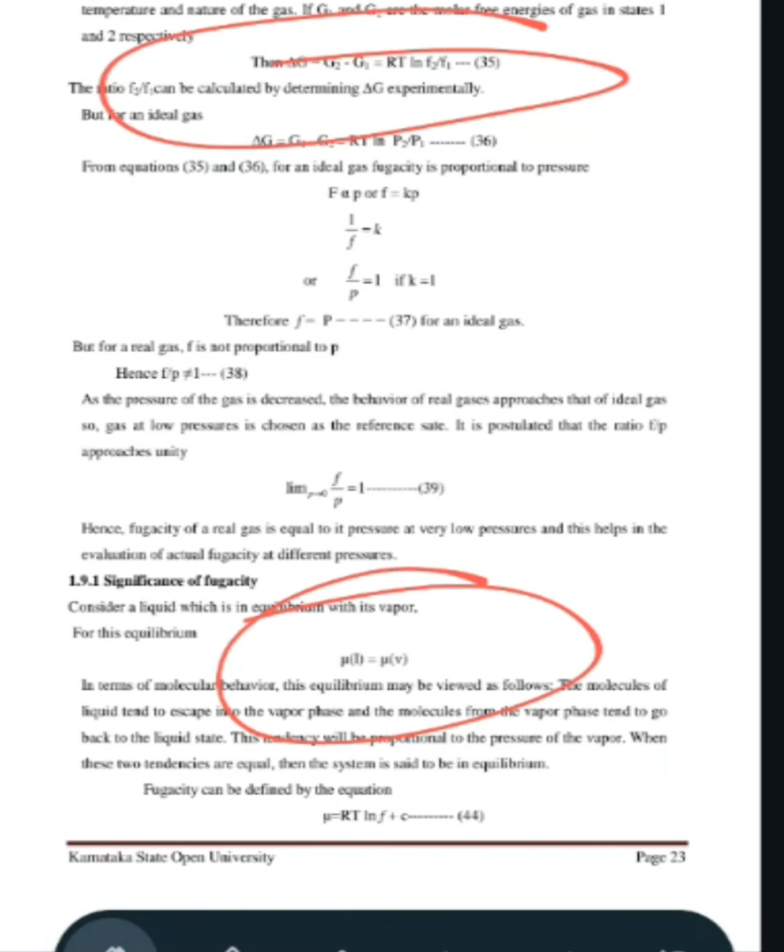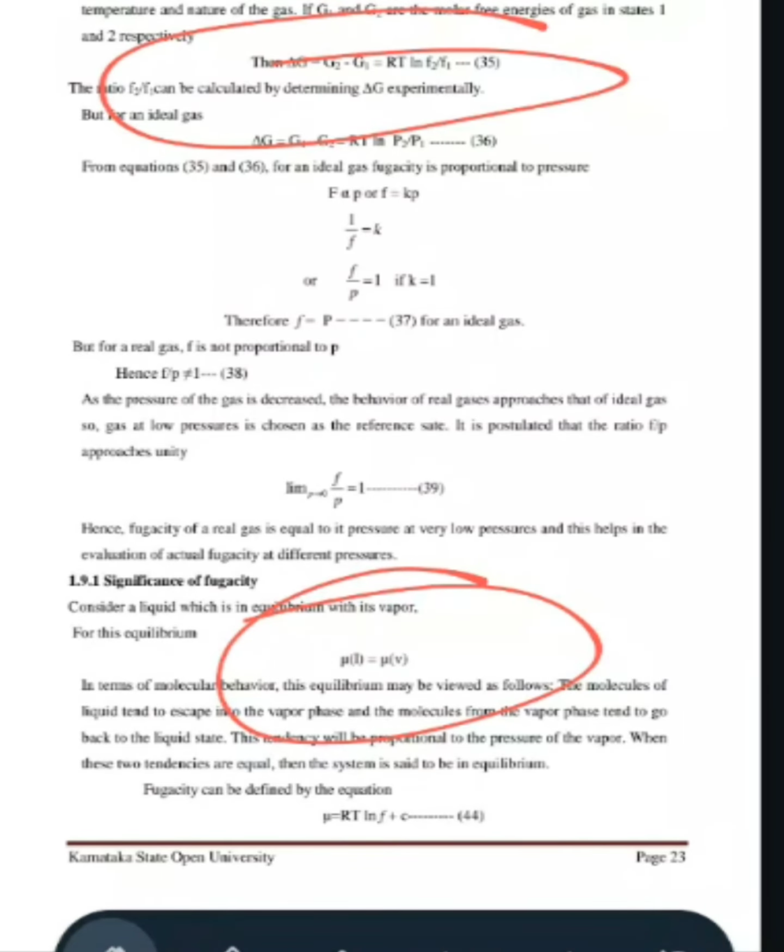Here the molecules of liquid tend to escape into the vapor phase, and the molecules from the vapor phase tend to go back to the liquid state. So whatever the variations from liquid to vapor and vapor to liquid, that can be studied here in fugacity. So that is the equation where mu is equal to RT ln of F plus C.